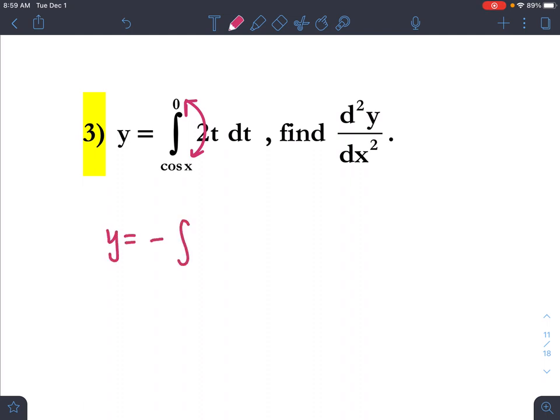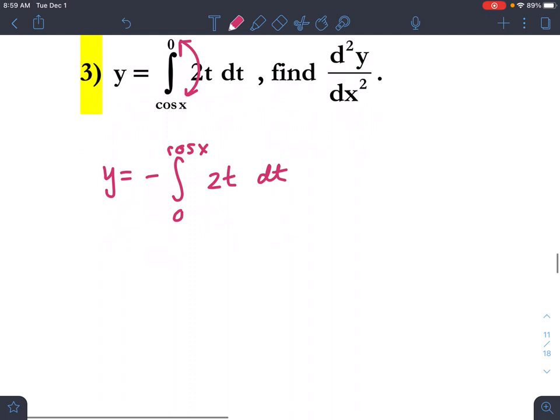Remember, when we switch, we throw a negative out front, 2t dt, and if we're taking the derivative of an antiderivative, these cancel, the negative is still there. Maybe I should put the negative inside so you guys can see it. The negative is there. These cancel out, and I'm plugging in cosine for t. And I'm going to have to multiply by the derivative of cosine, which is negative sine of x.